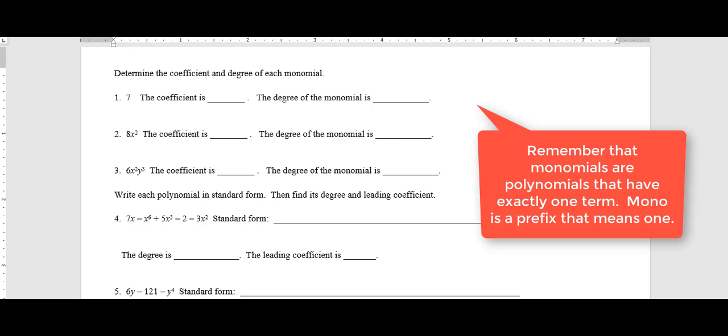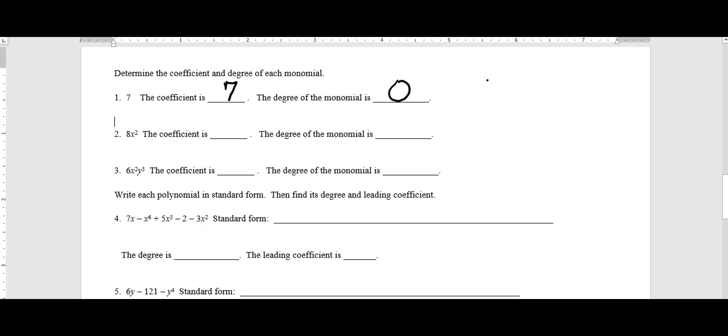Our first monomial is 7. The coefficient of that monomial is 7. The degree of the monomial is 0.